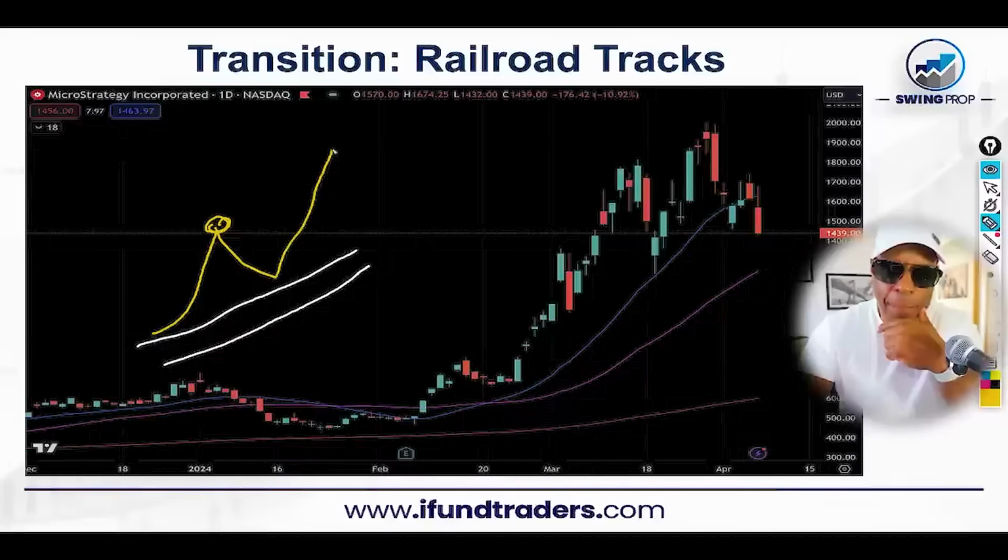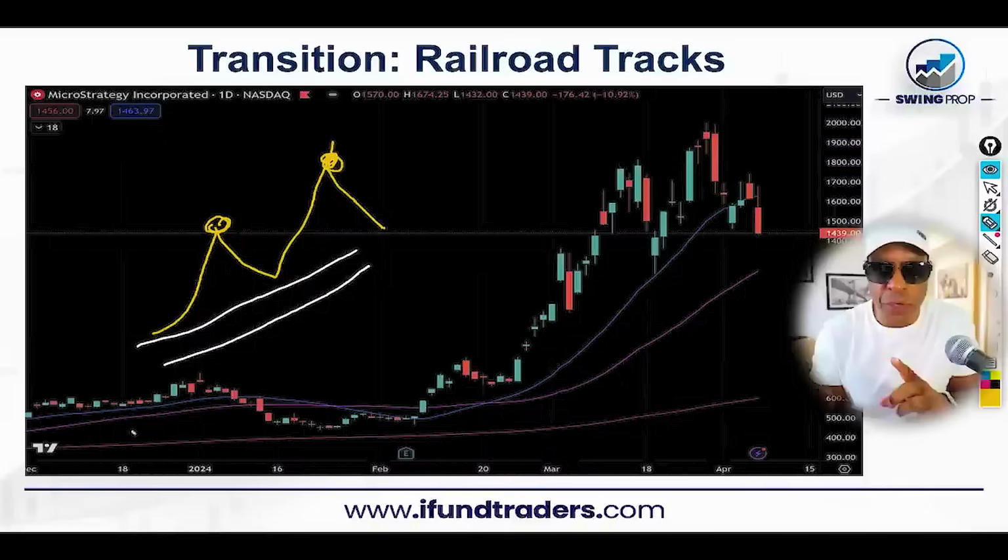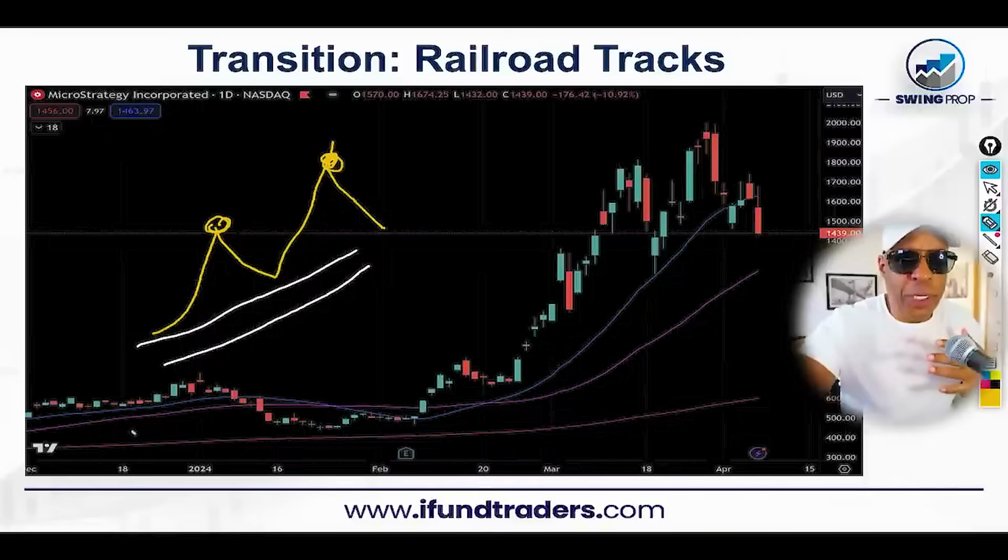All right? Swings nicely, overbought zone, pulls back. This is a very good swing trading stock formation where you get the sharp swings away and pull back, sharp swings away and pull back.